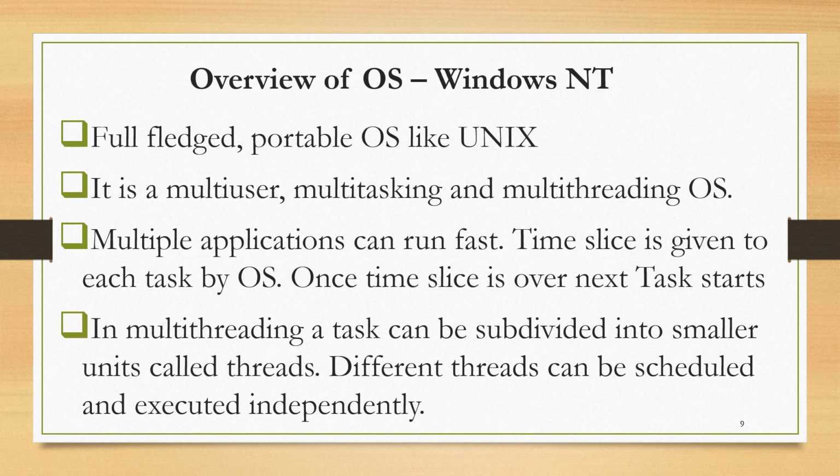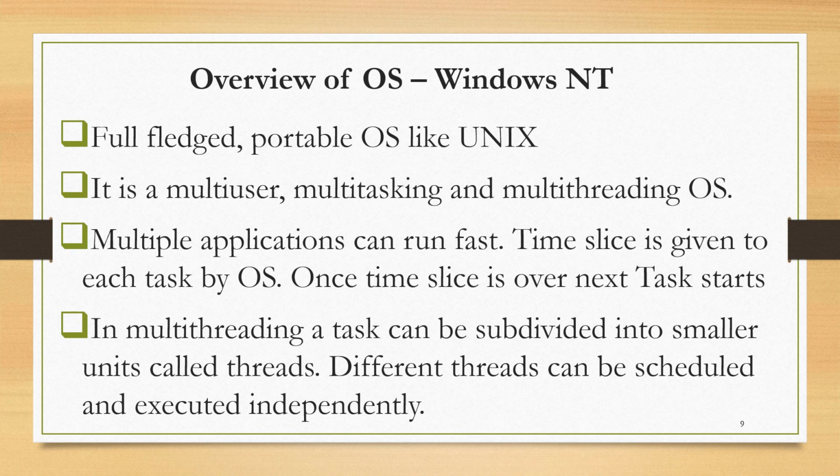Multiple applications can run fast. A time slice is given to each task by the OS. When there is a single CPU, how will it work? CPU time is divided based on some algorithm, and that time is given to each process.